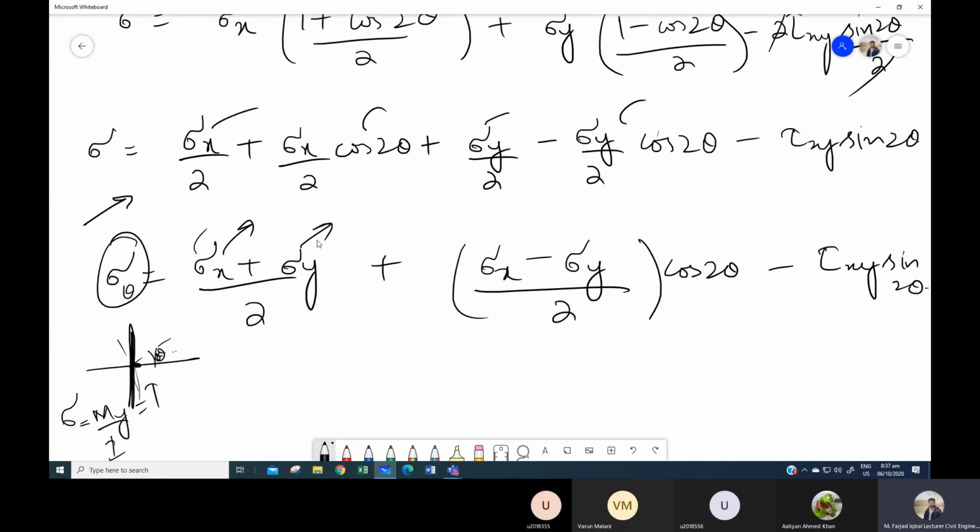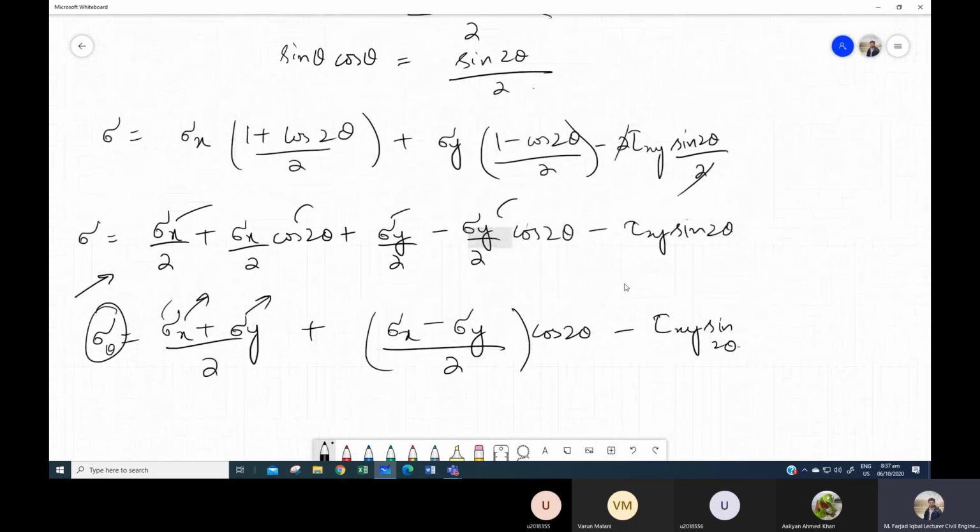Once you have this sigma x, sigma y and tau xy, and you also know this angle theta, you will simply substitute all the values into this equation, and you can get directly the stresses at any particular angle theta, for example 30 or 45 degrees. And also, we will see how to get the maximum stresses. Anyway, this is the formulation for the normal stress at an inclined angle theta.